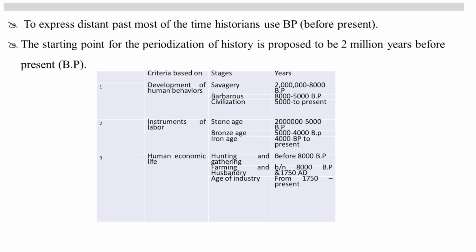Kanaaf lammaffaan immoo when human beings began to make stone tools and they began to use them. These are the two important events or developments. As a result, the periodization of history is proposed to start 2 million years before present.